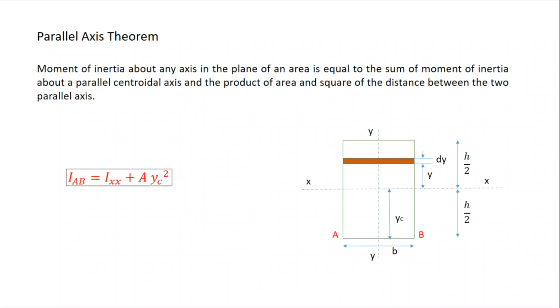In short, we define the moment of inertia about AB, other than the centroidal axis, as follows.